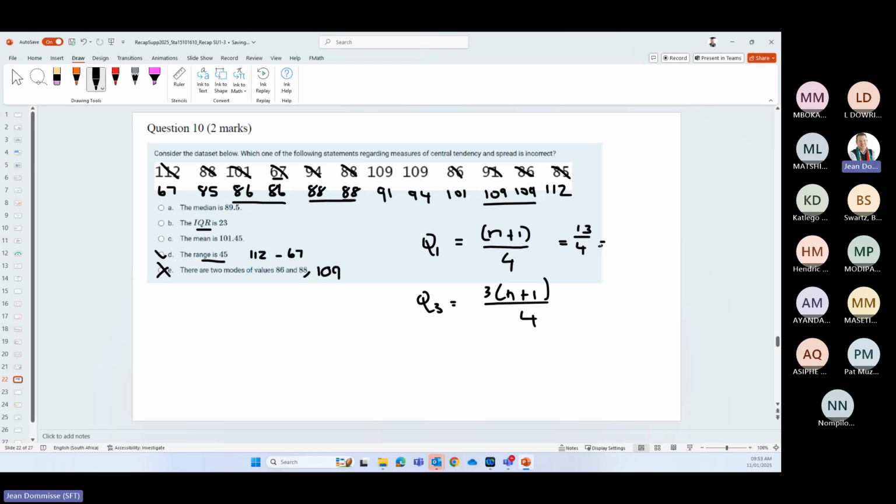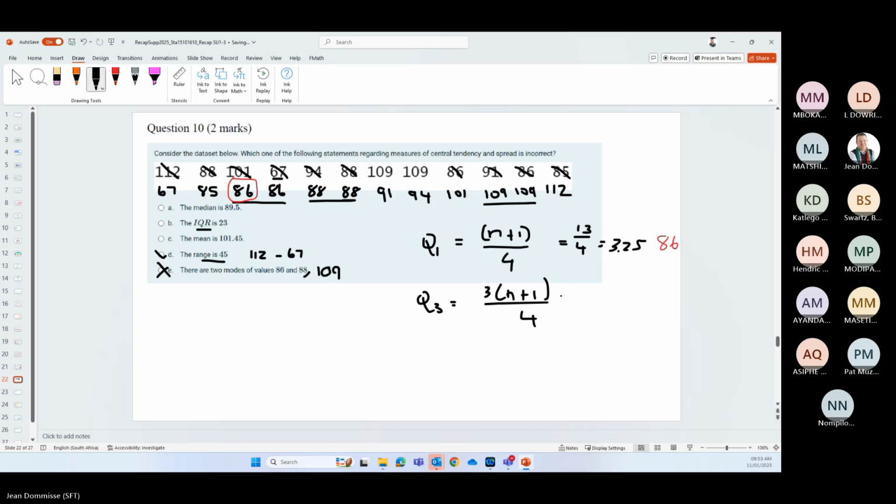13 divided by 4 is 3.25. So we know that we use the third one. That is 86.